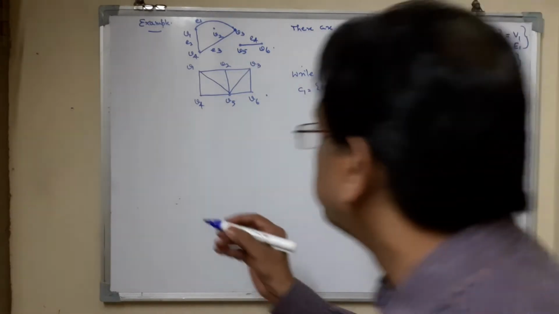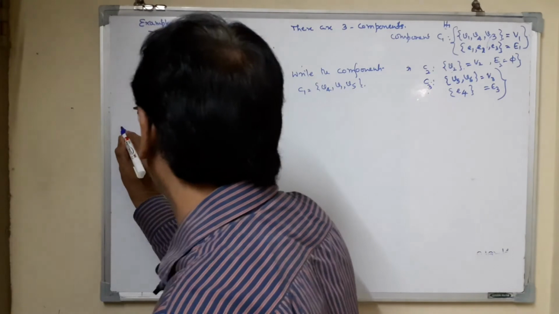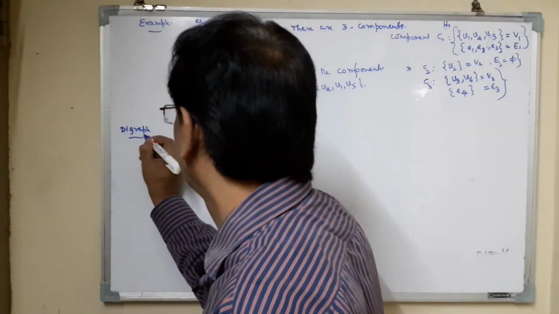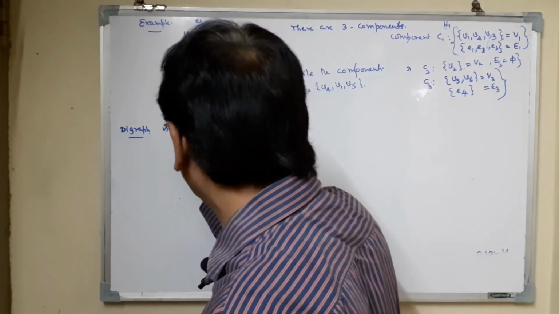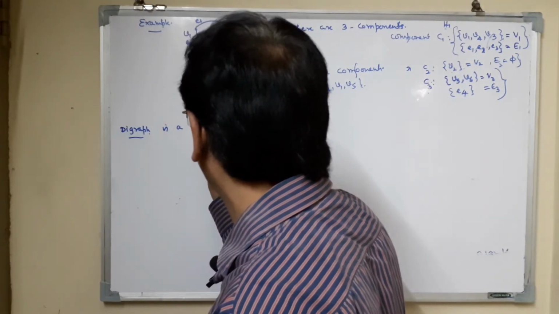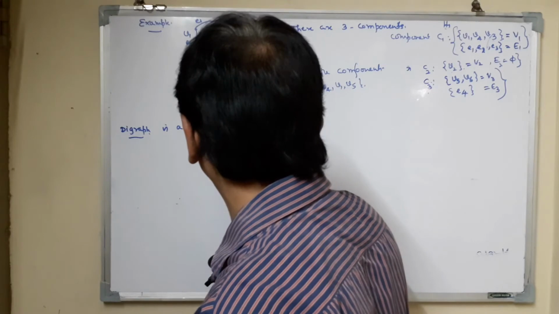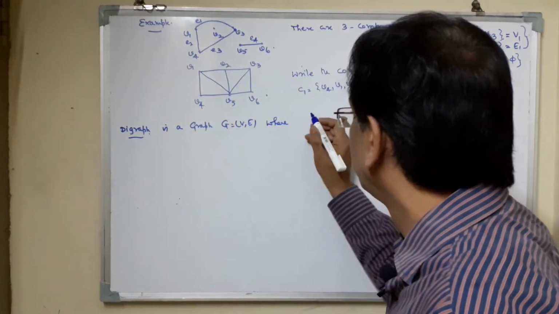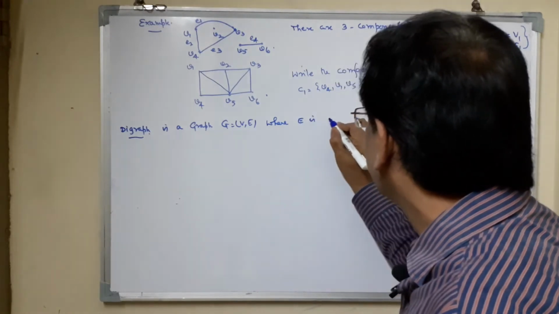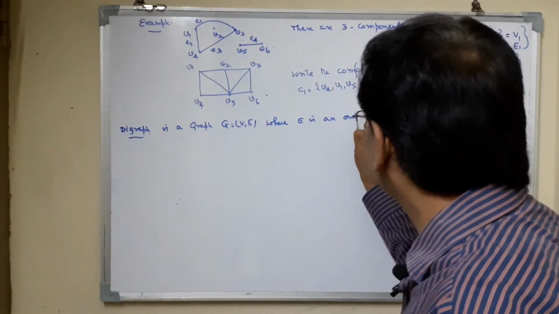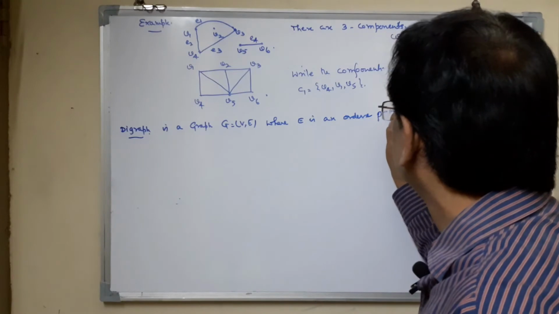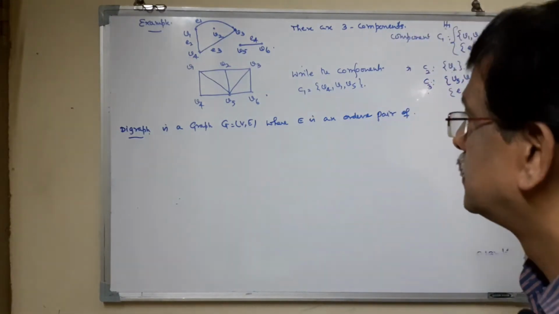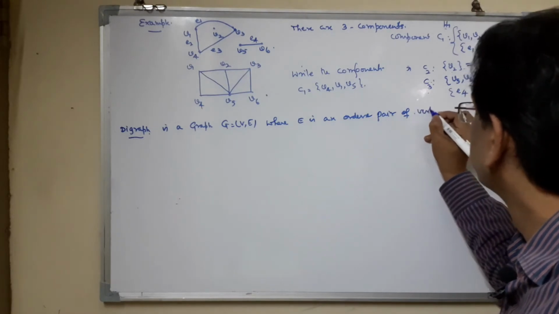Now, an important definition is the digraph. A digraph is a graph G equal to (V, E), where E is an ordered pair of vertices.